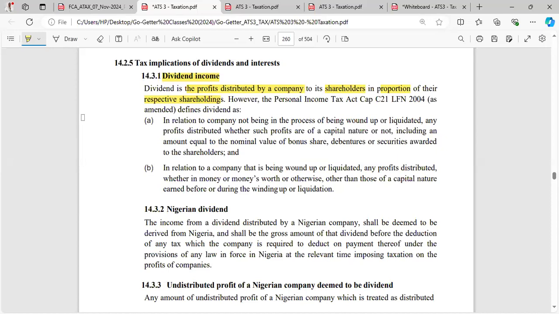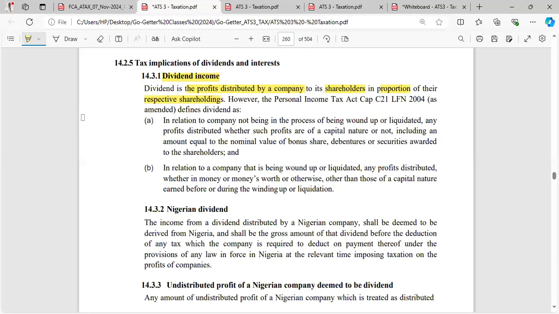It will keep some part as reserve, and some part it will distribute to the shareholders. That part that is distributed to the shareholders is called dividend. Let's say the part they want to distribute to shareholders is 100 million, and you have 1% of the shares. The money they will give you is 1% of 100 million, which is 1 million.